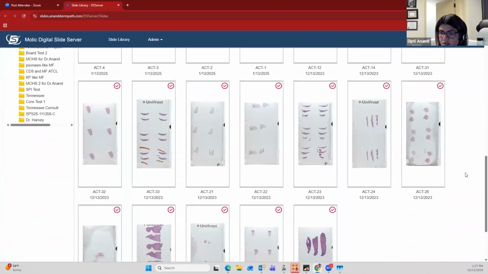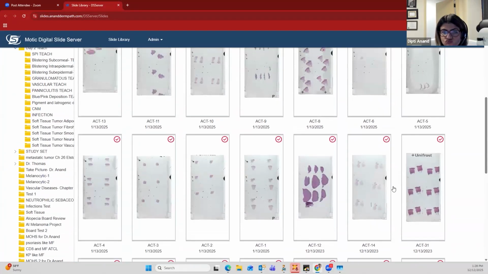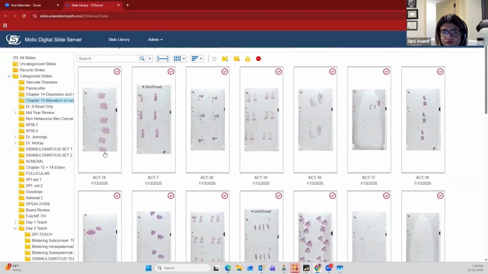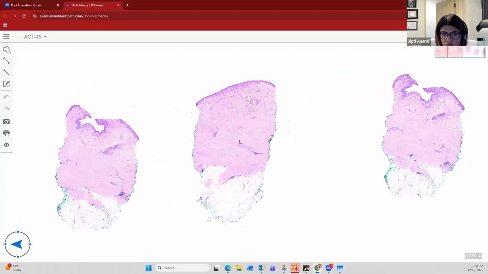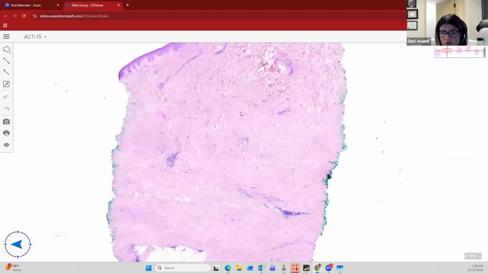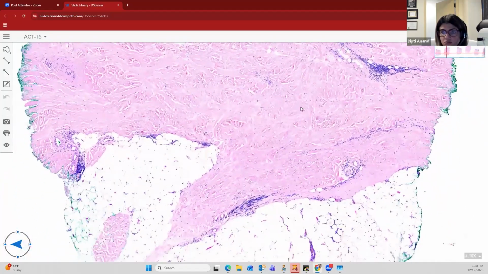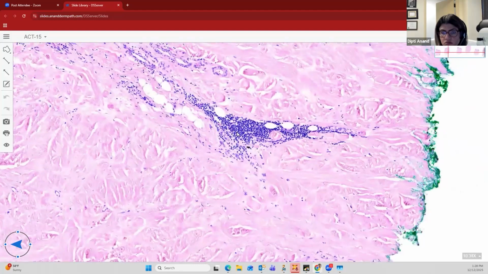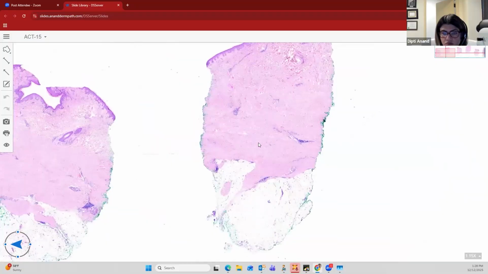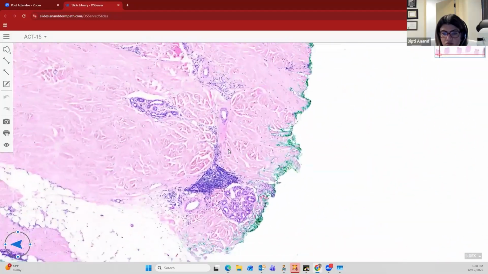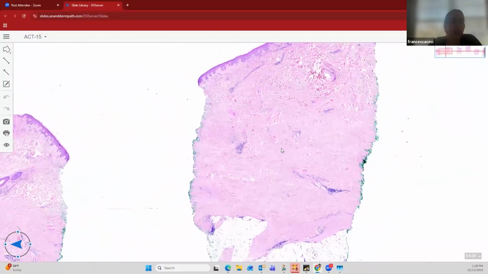The next one is 15th. So what is this? Morphea.